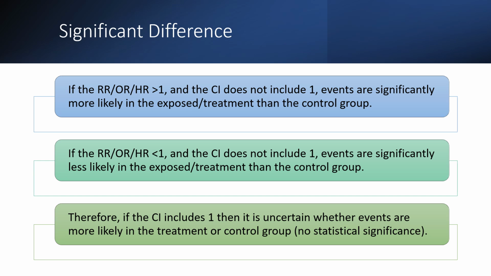If the value is less than 1 and the confidence interval doesn't include 1, this indicates that events are significantly less likely in the exposed than the control group. Therefore, if the confidence interval includes 1 or straddles 1, then it is uncertain whether events are more likely in the treatment or the control group, which indicates that the difference in risk or odds is not statistically significant.